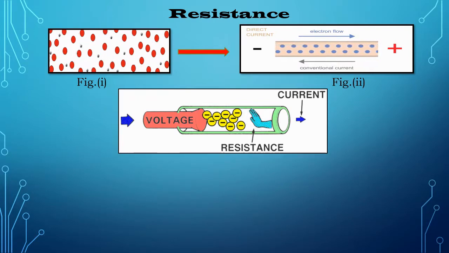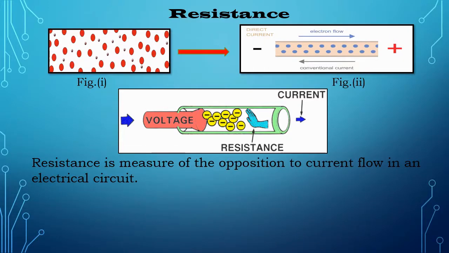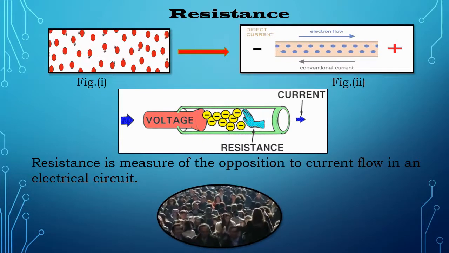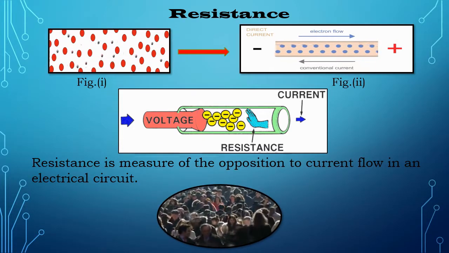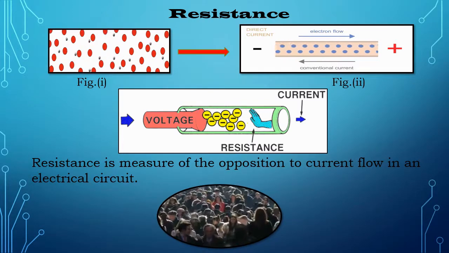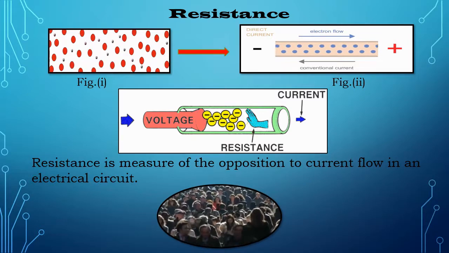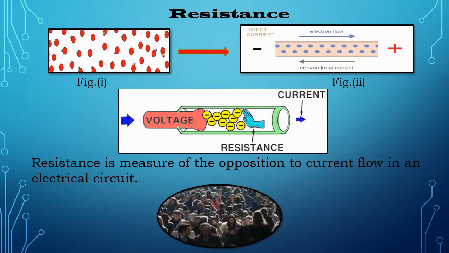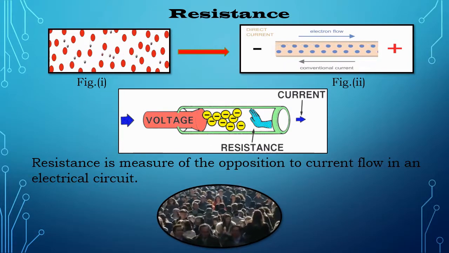Resistance is a measure of the opposition to current flow in an electric circuit. To understand the meaning of resistance, consider an example of a person in a crowded market struggling to go from one place to another. This situation is certainly similar to an electron trying to make its way through a wire.